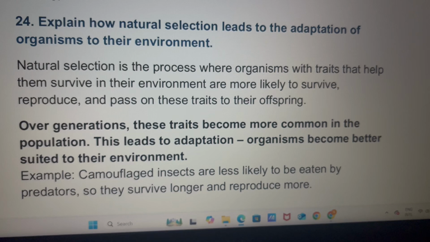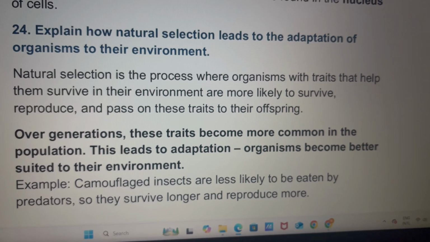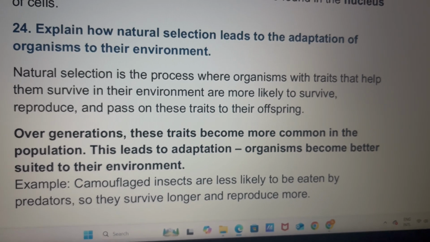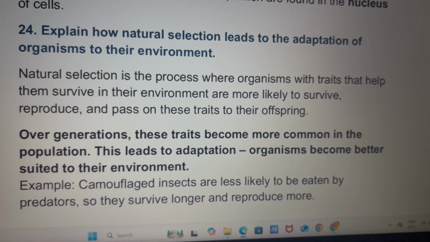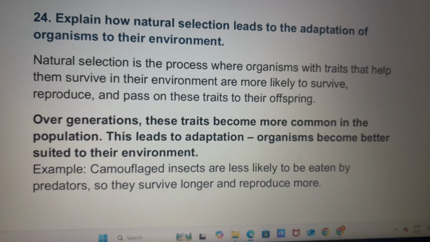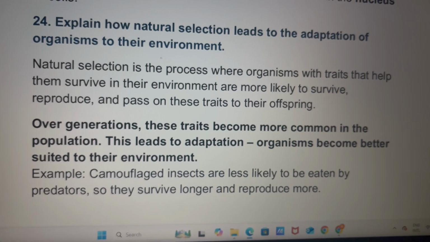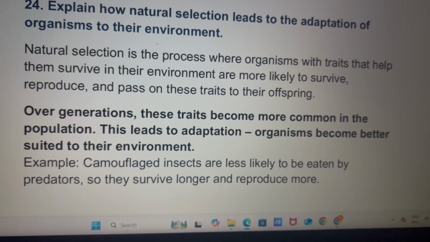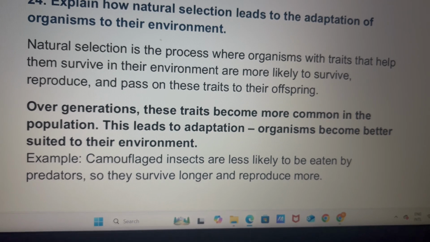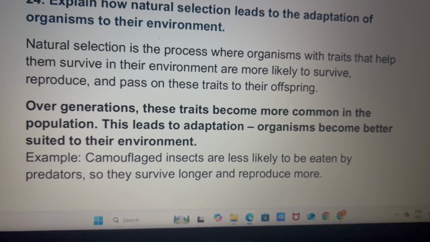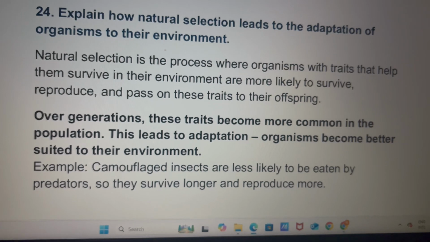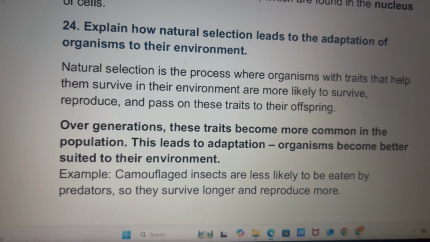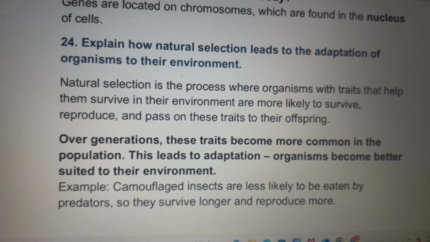Explain how natural selection leads to the adaptation of organisms to their environment. Actually, natural selection is when nature chooses the organisms which are best suited for their environment, the organisms which can survive better in their environment.